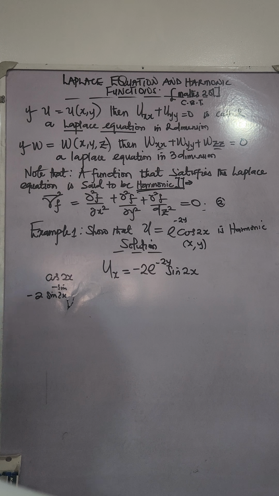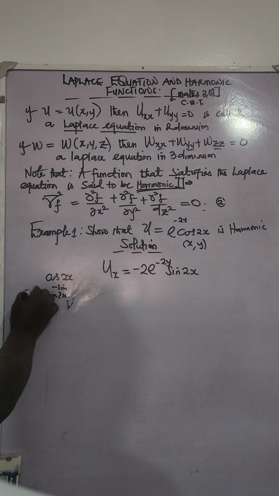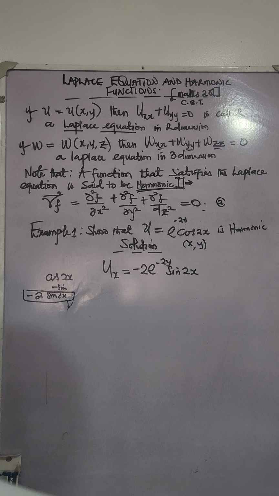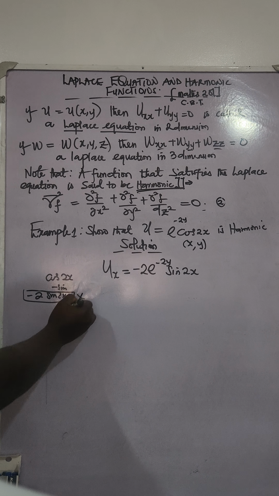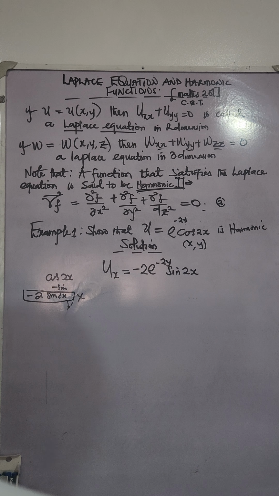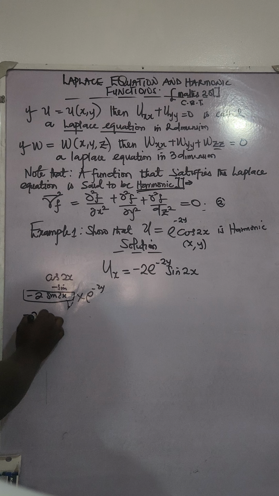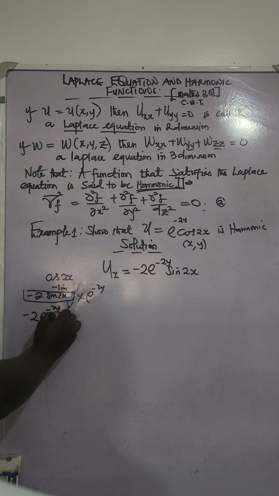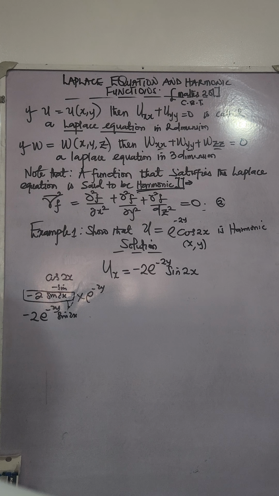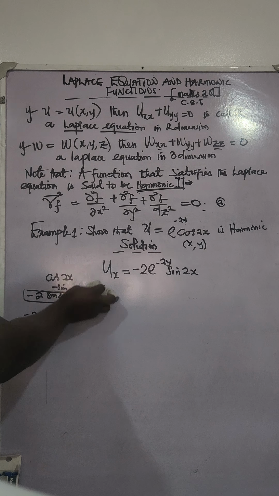Then use it to multiply what you pretended you did not see before, e to the power of minus 2y. So I'm going to have minus 2 e to the power of minus 2y sine 2x. I hope that is clear.